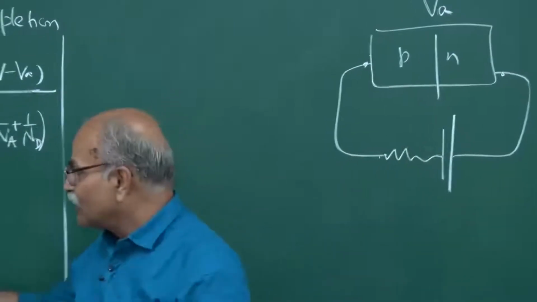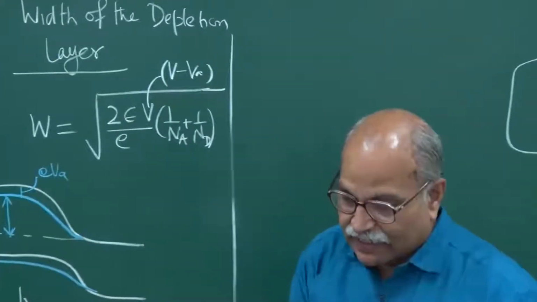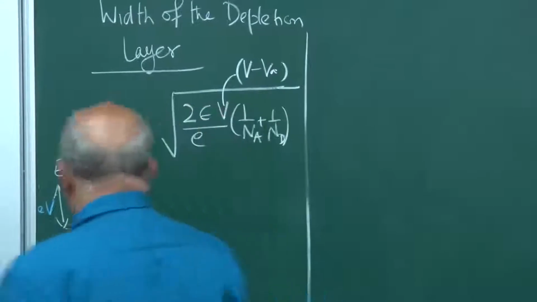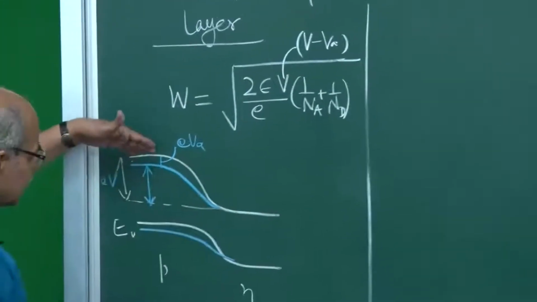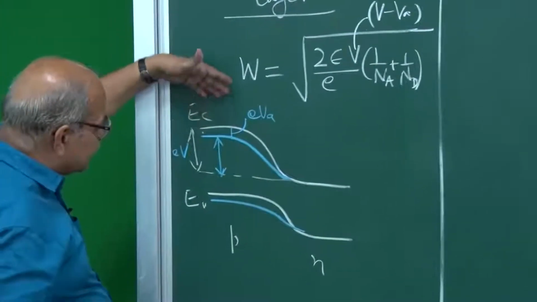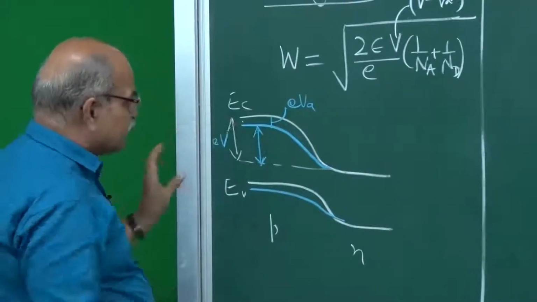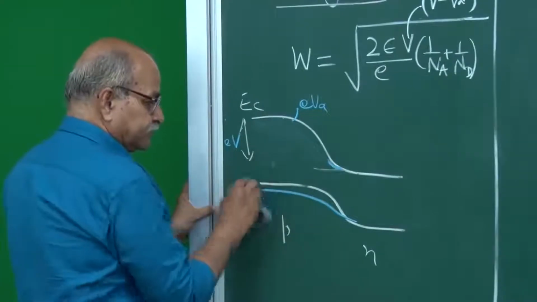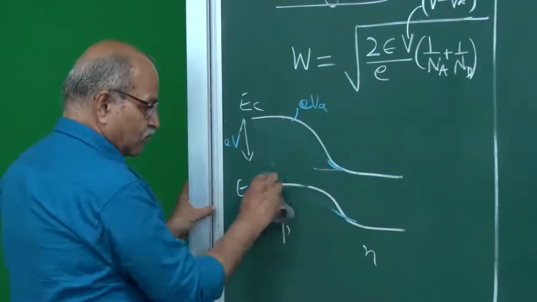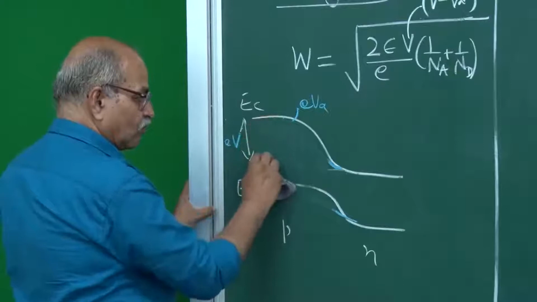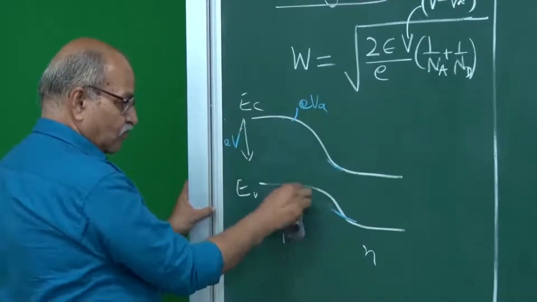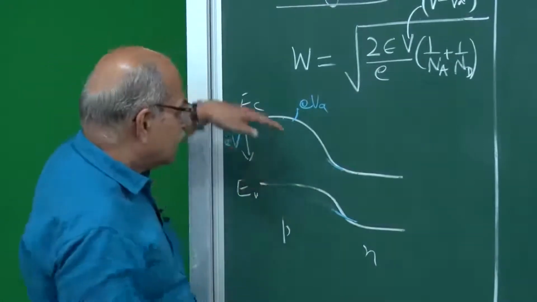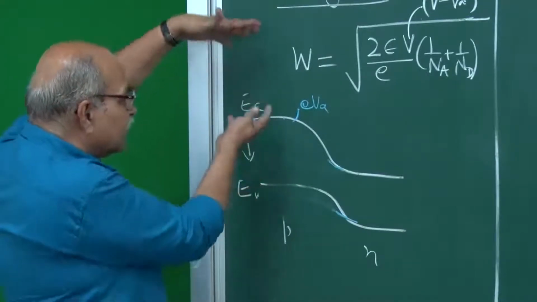So if you had this picture once again, in forward bias these quantum states, these energies are reduced, but in reverse bias, all these energies will go up.